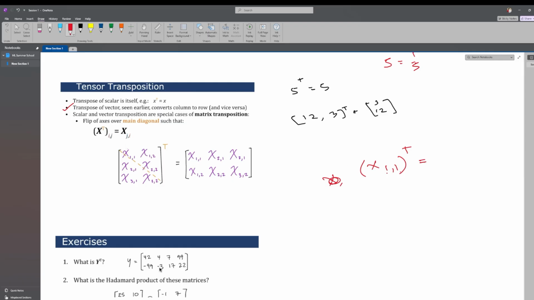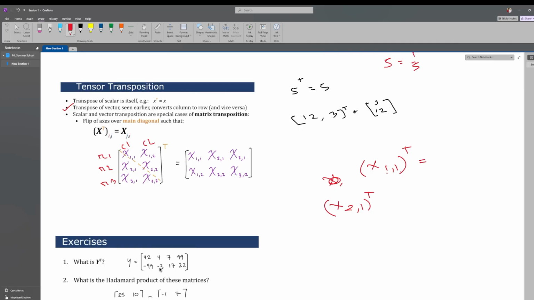Let me give you another example: x2 comma 1. When the transpose is applied to this value, it means the value is in row 2 column 1. You can see this is our row 1, this is our row 2, this is our row 3, this is our column 1, column 2.